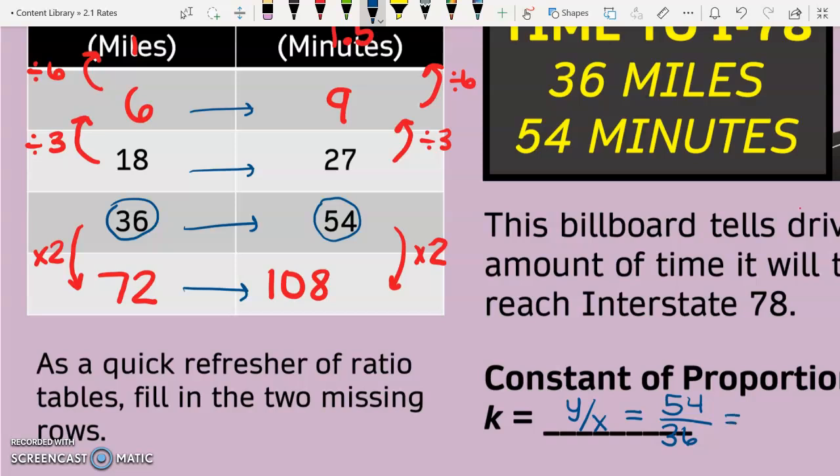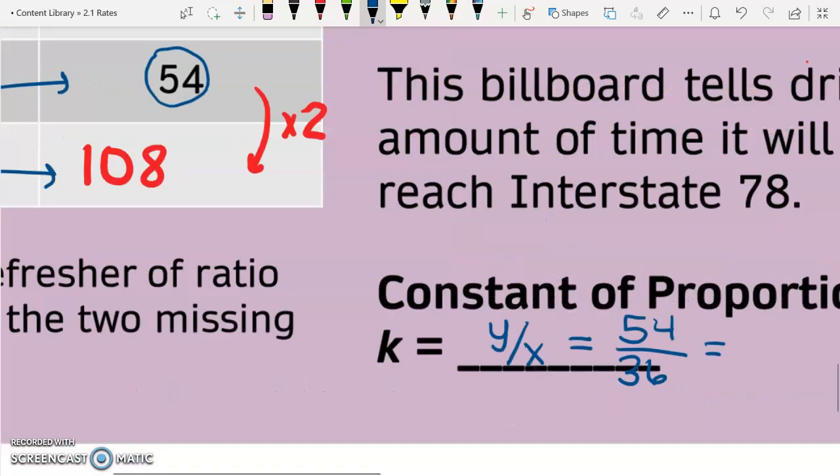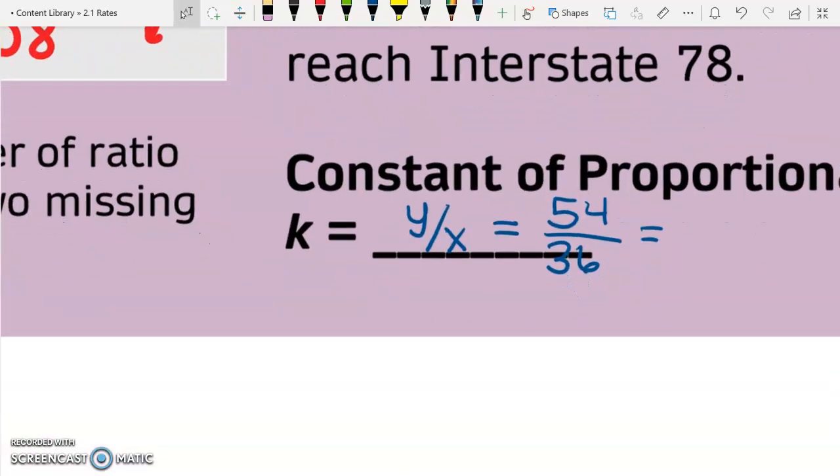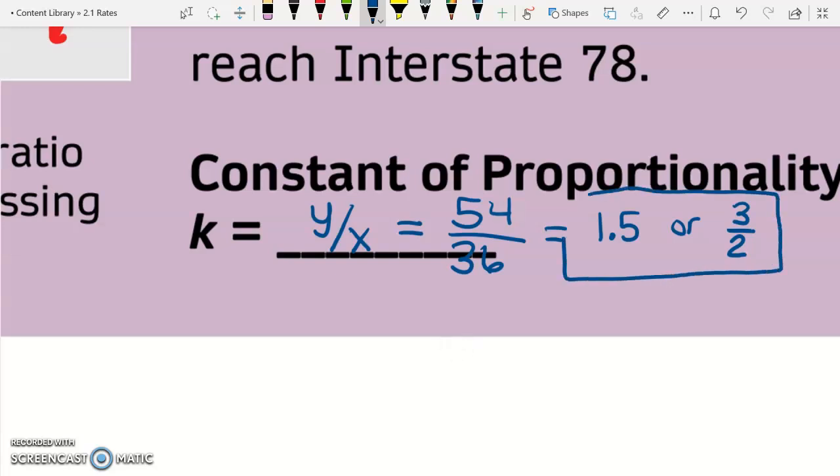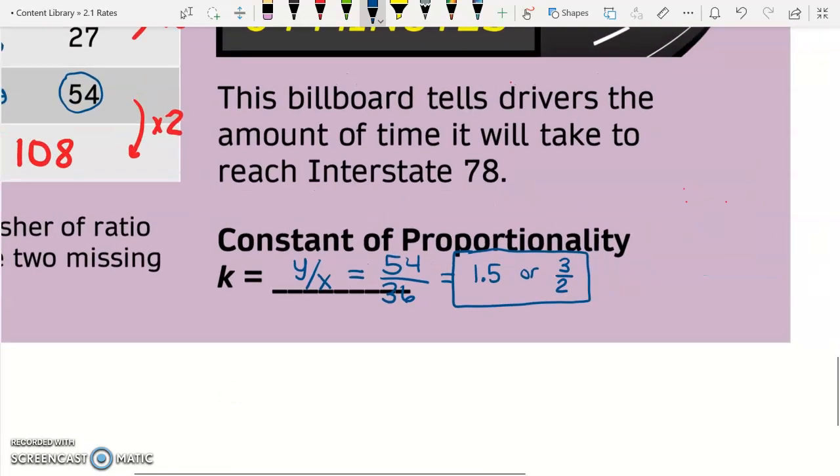Again, you could do some awesome fraction practice and talk about reducing that if you want. But for the sake of this video, we will just punch it into our calculator, and that should get us 1.5 in decimal form. Or if you did reduce your fraction and want to check, it would reduce to 3 halves, 3 over 2. And that is going to be our constant of proportionality here.